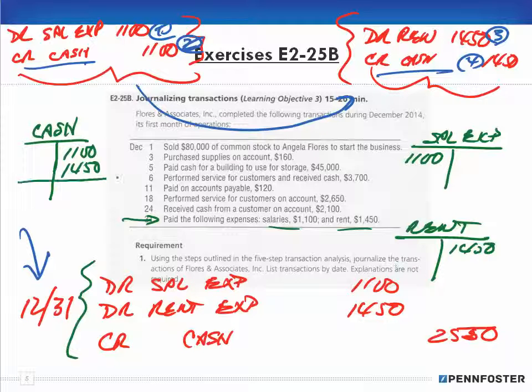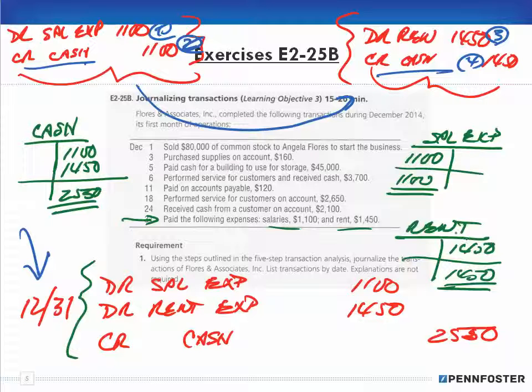Now you create the balances. $2,550 is the balance for my cash, and that's a credit. $1,100 is the balance for my salary expense, and that's a debit. And $1,450 is a debit for my rent expense. That's the balance in the rent expense account.